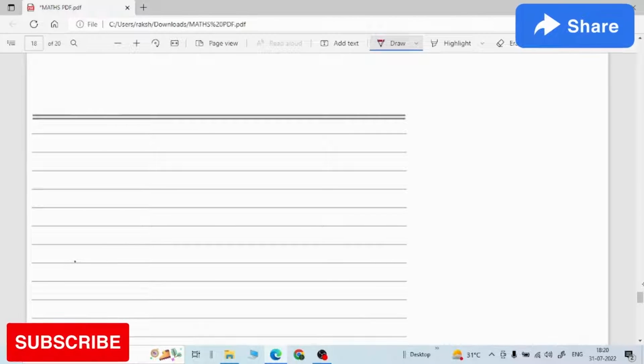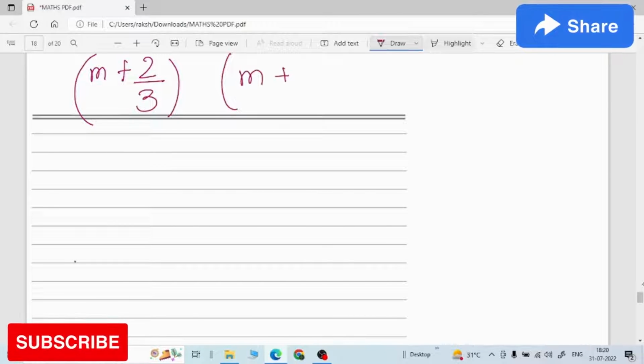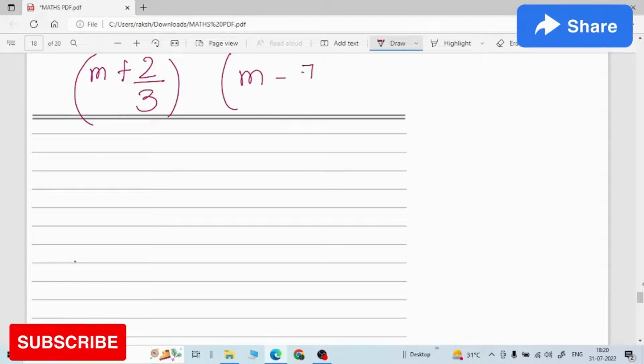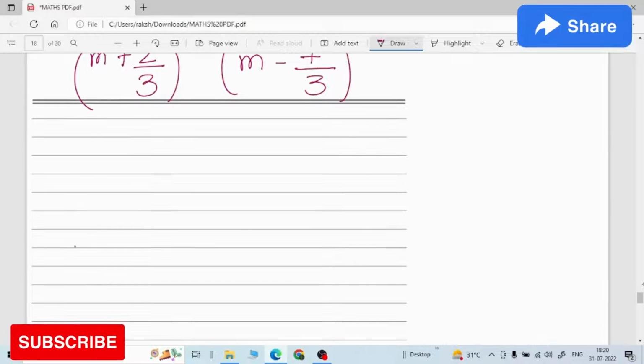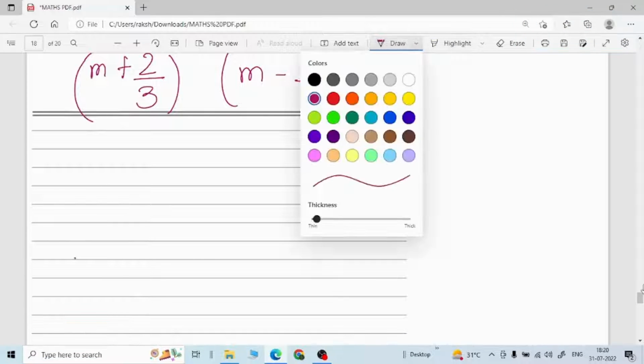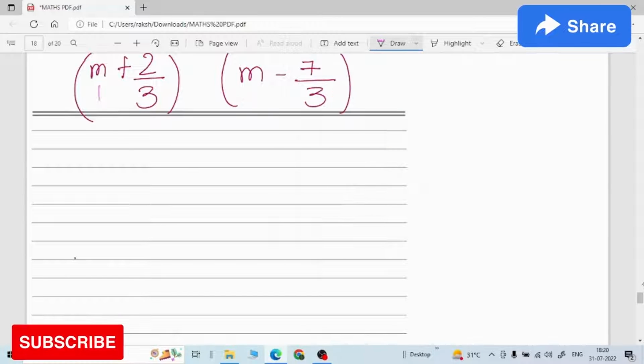It is m plus 2 upon 3 and m minus 7 upon 3. So first of all, m into m, m into minus 7 upon 3.